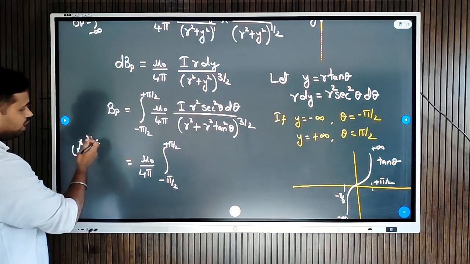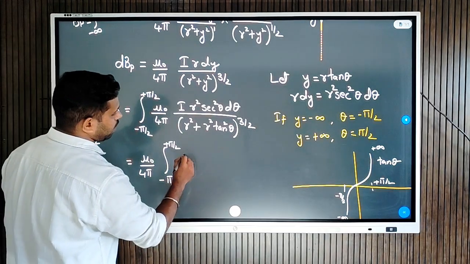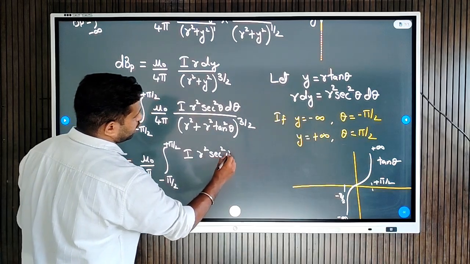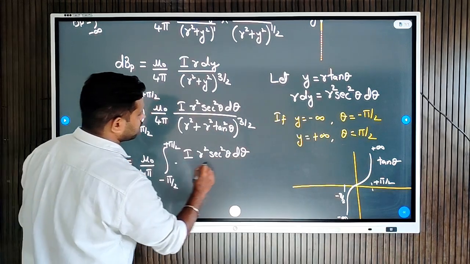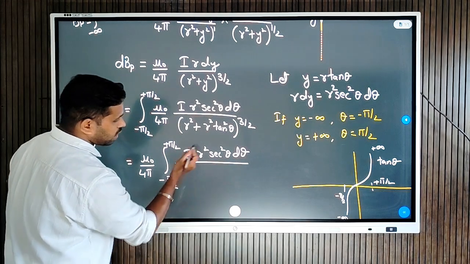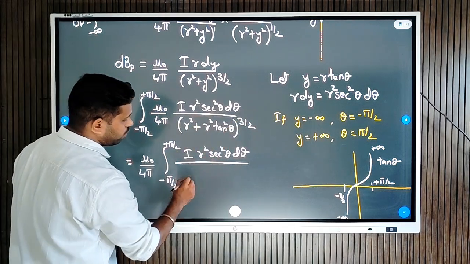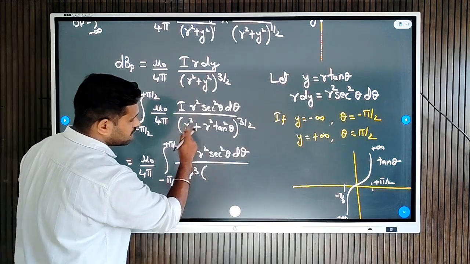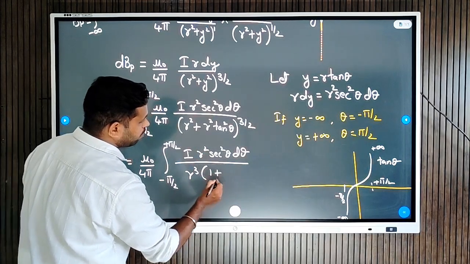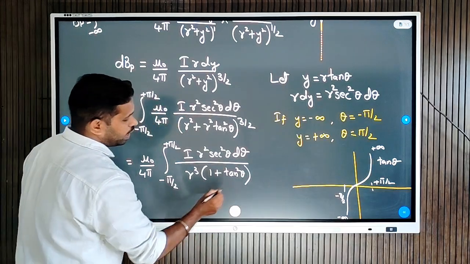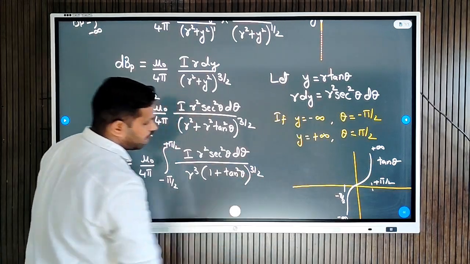The 2 and 2 will go, so what am I going to be left with? R cubed. So it will be I r squared sec squared theta d theta, whole divided by r cubed, and inside the bracket I will be left with 1 plus tan squared theta, whole raised to the power 3 by 2.